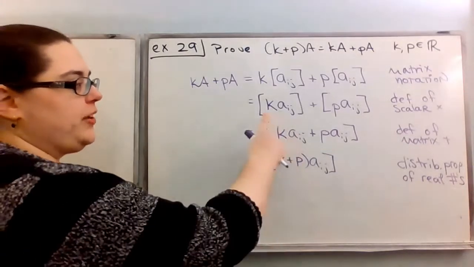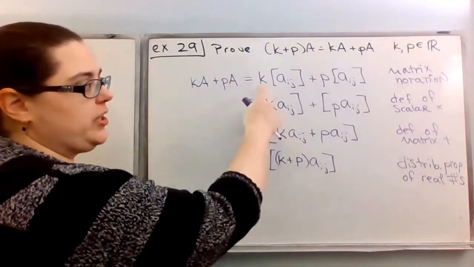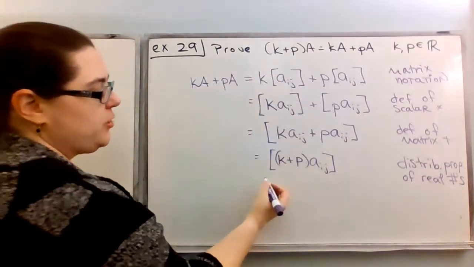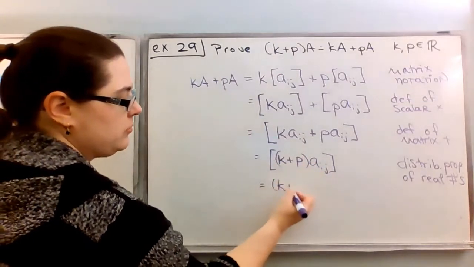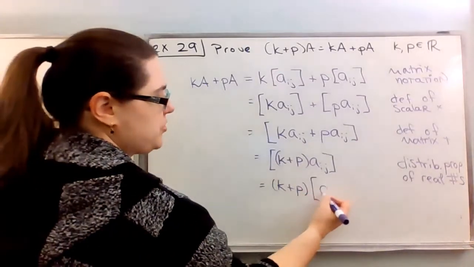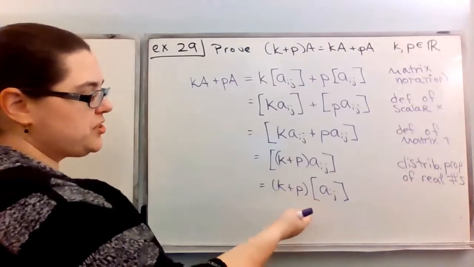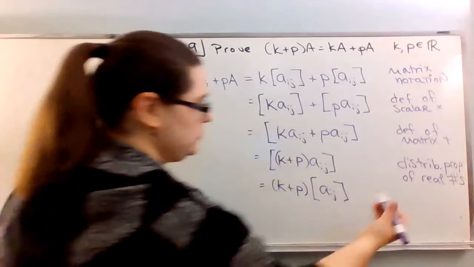But we know that if we have something times Aij, that's a scalar multiple. So we can go backwards with that definition. In other words, I can rewrite this as this scalar value times the matrix whose entries are Aij. And this is just using our definition of scalar multiplication in the reverse order.